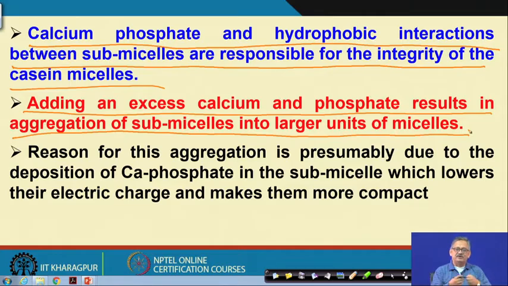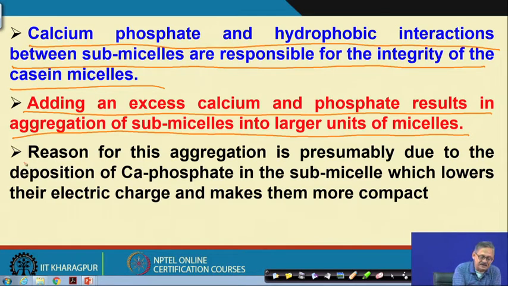So, when you have binding materials like calcium or phosphates, they bind the sub-micelles and form larger units, giving more stability to the colloidal nature of the protein in milk.